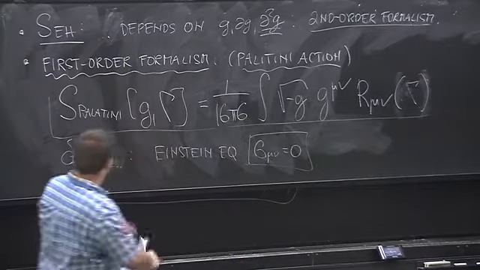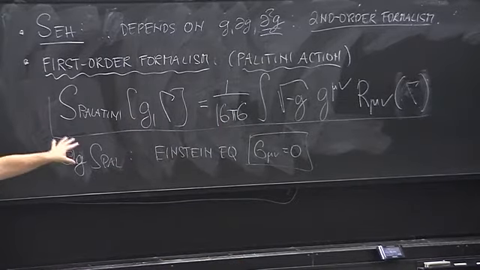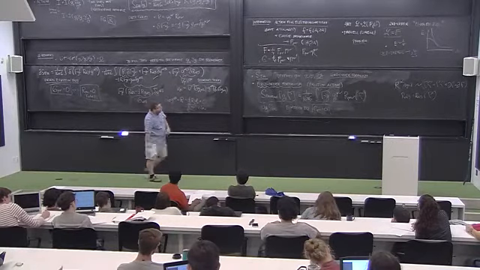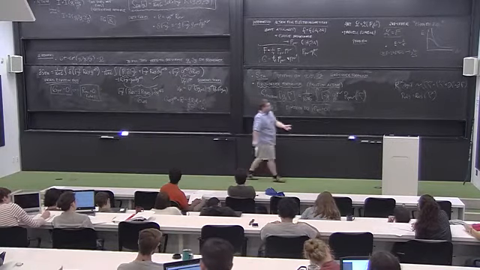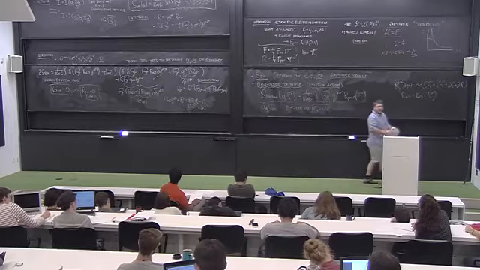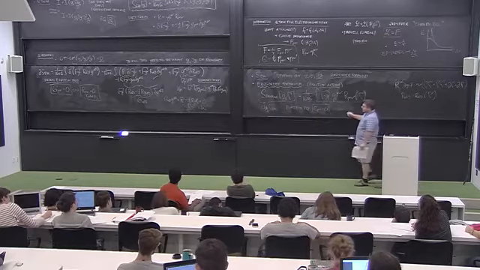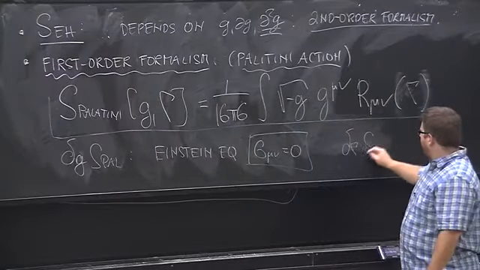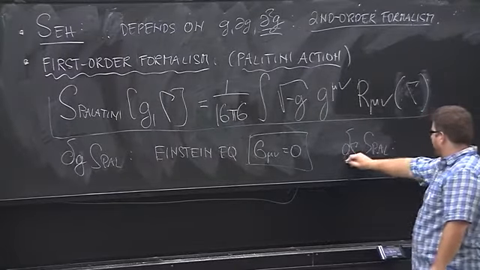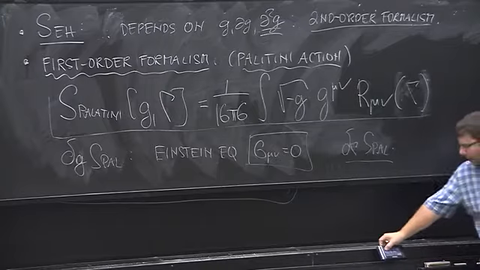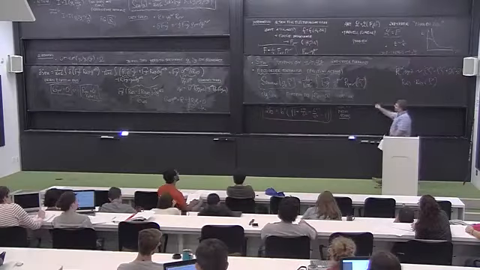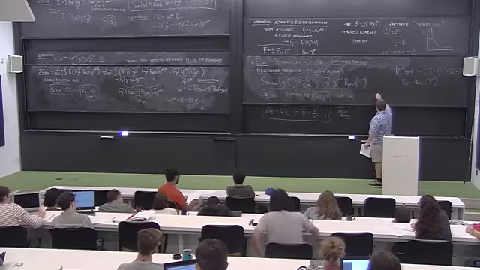Okay? So if you vary this action, you don't have to care about this ugly term here, because simply, it's a function of gamma, and it's a spectator in this variation. But then you also have to vary with respect to gamma of S Palatini. I have another variation, and that actually tells me that gamma is the Christoffel connection.